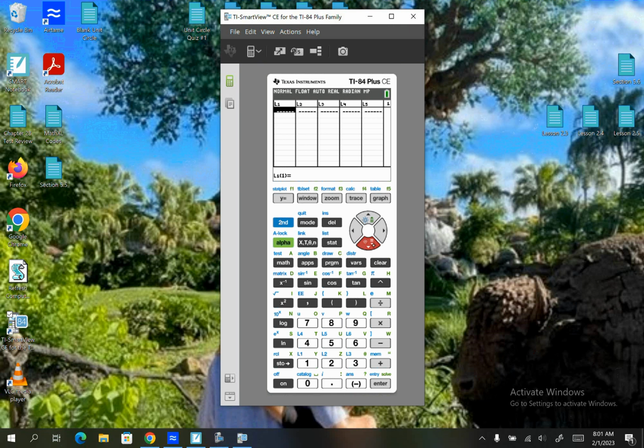All right. In list 1, you're going to put your data values. They do not have to be in order. So this is another time-saving hack. Okay. So 497, enter, 420, 380, 840, 440, 350, 520, 740, 287, and 480.